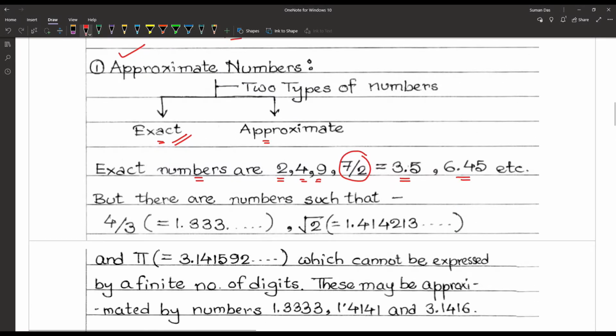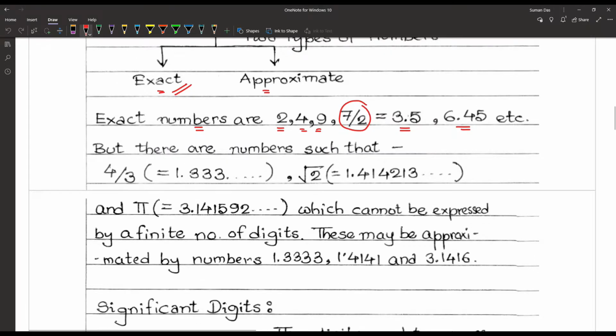But there may be some numbers, suppose 4 by 3. After division, we are getting 1.333, never ending 3 after the decimal point. Suppose square root of 2, that means 1.414213 dot dot dot, that is also never ending after the decimal point.